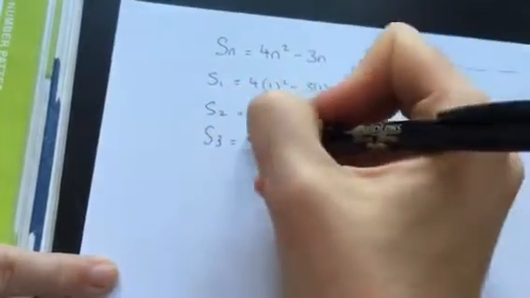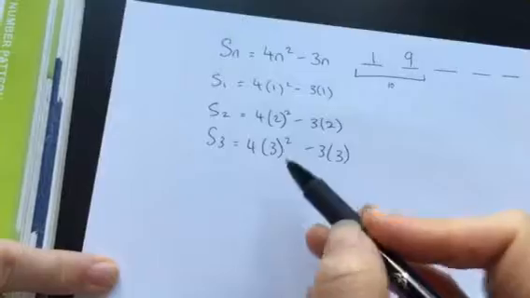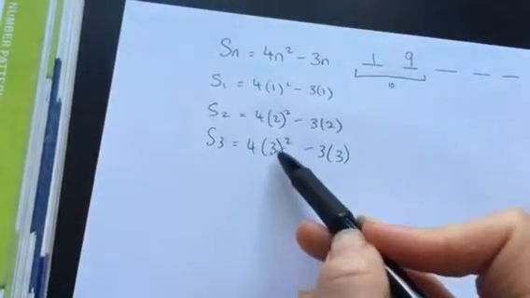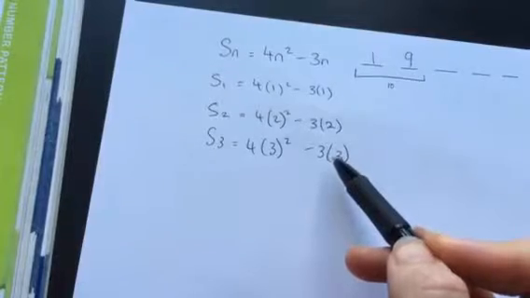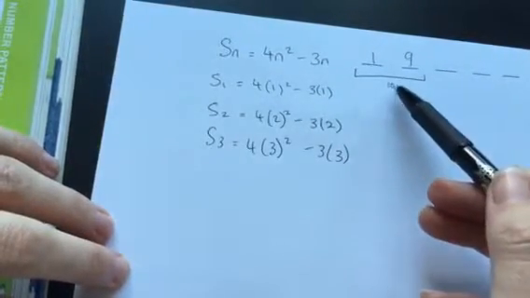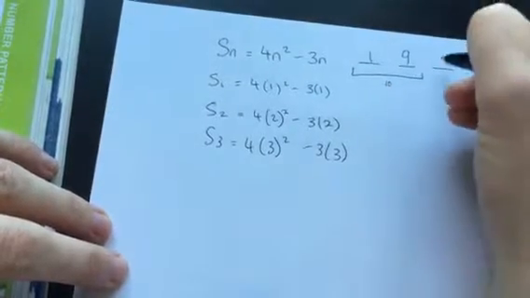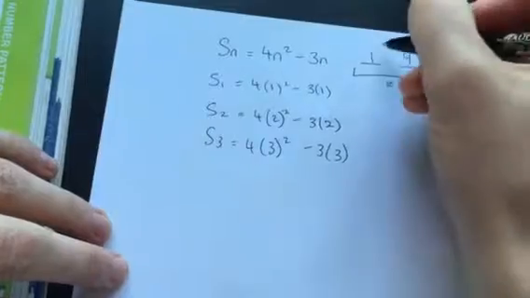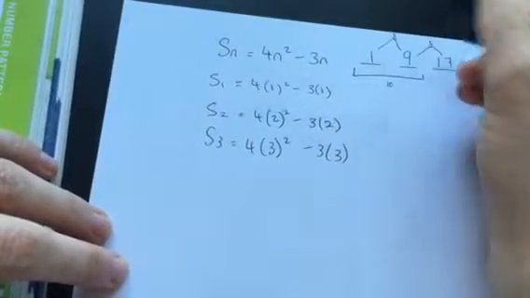S3 is going to give you the sum of your first 3 terms. So that is 36 minus 9, 27. So 27 is the sum of your first 3 terms, which means that has to be 17. And if you look at it, that's a common difference of 8, and that's a common difference of 8.